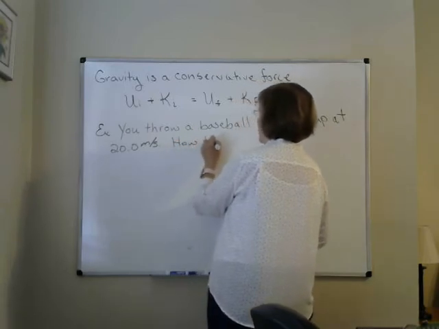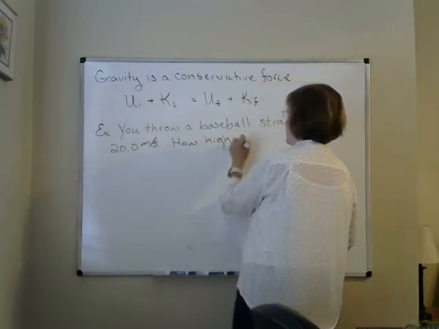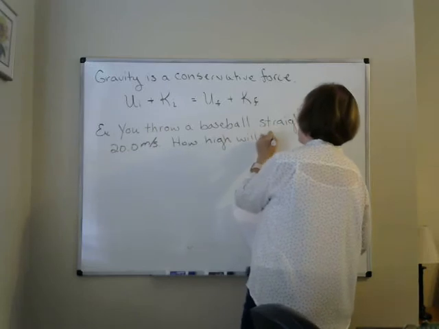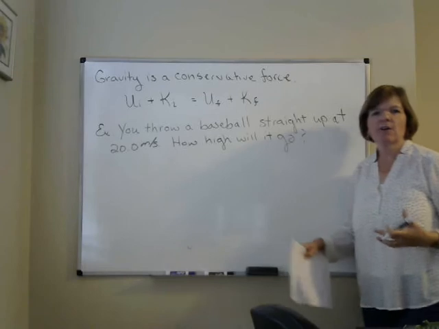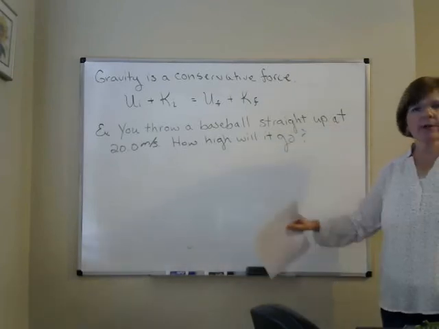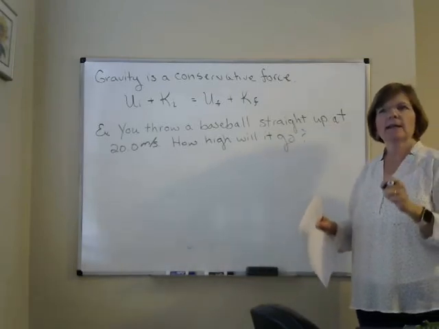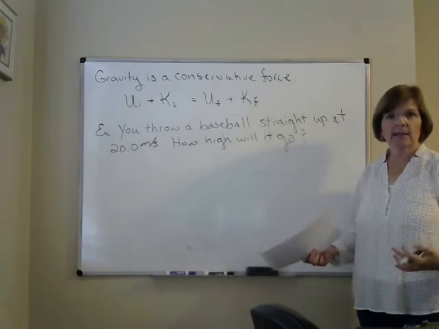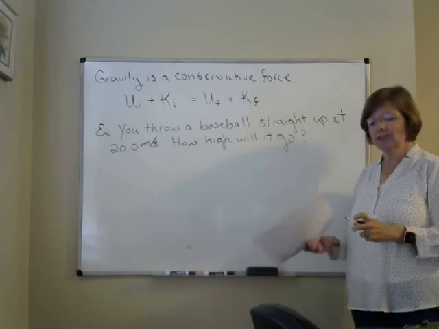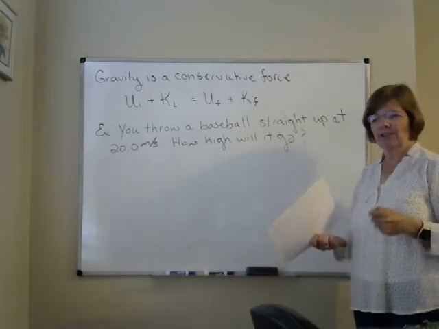How high will it go? Now, you actually already know how to solve this. We're assuming there's no air resistance, using constant acceleration formulas or using kinematics. But this is actually easier to solve using conservation of energy.